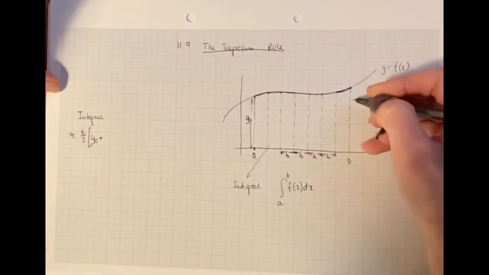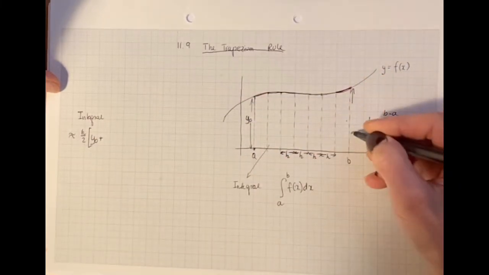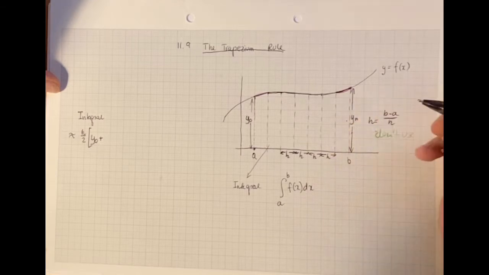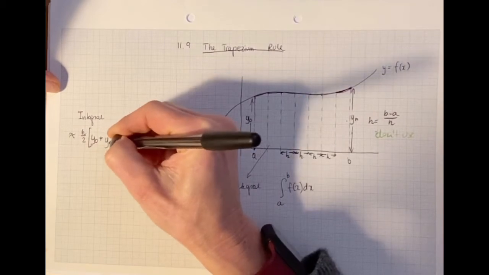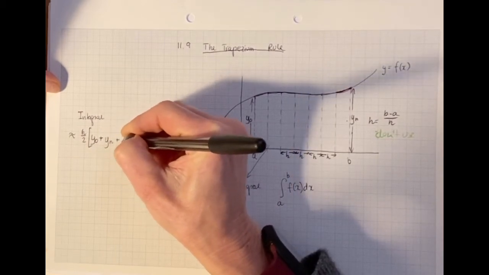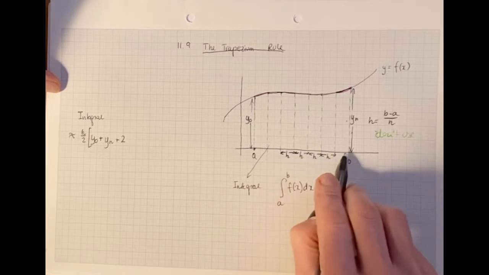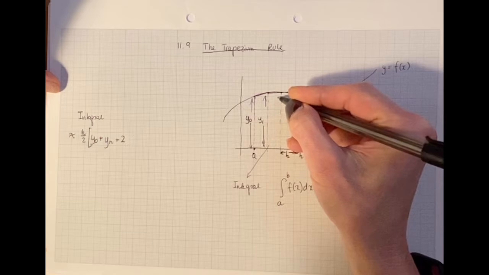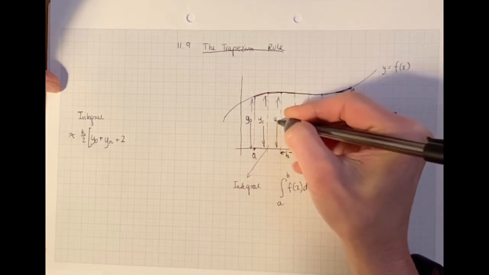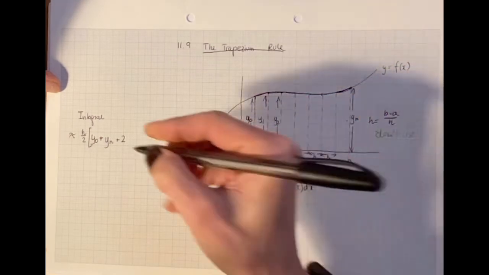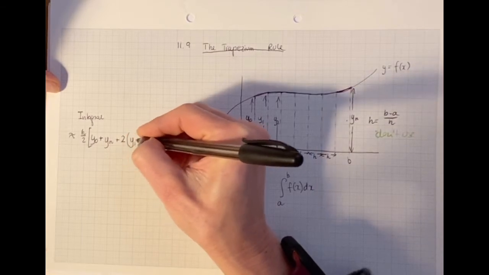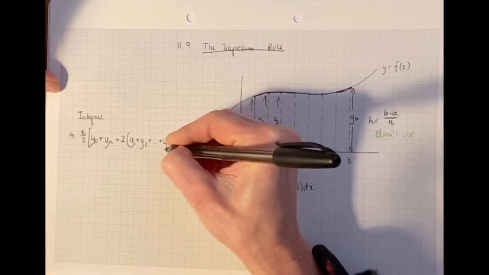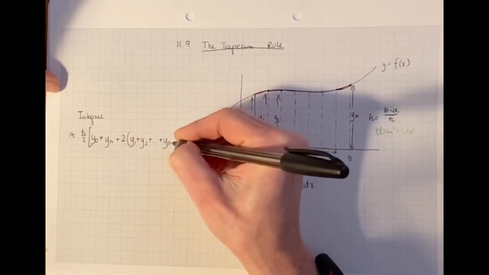Then you get the last value of y, which is going to be yn, whichever is the last value that you've got. And then plus 2 lots of all the other y values: y1, then y2, etc., up to yn minus 1. So it's y1 plus y2 plus all the others up to the one that comes just before the last one, n minus 1.